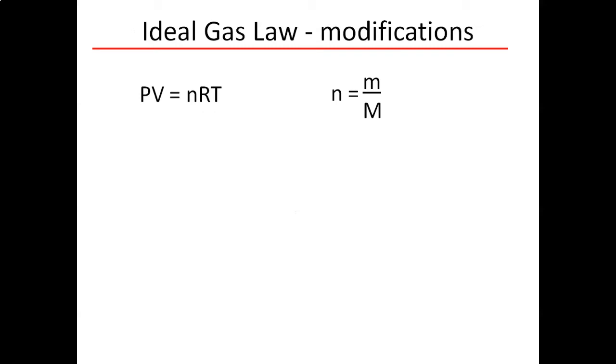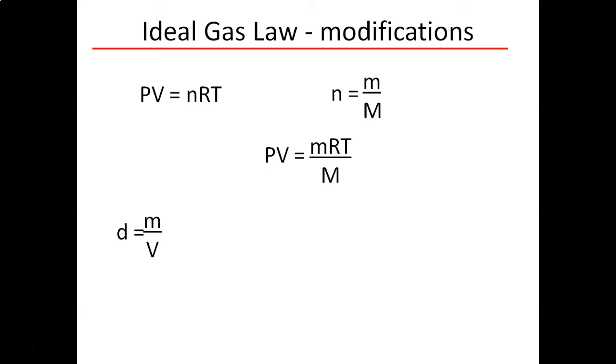Now, I can manipulate my ideal gas law in a couple of different ways. Rather than use moles, I can use the relationship that moles is my mass divided by my molar mass. And so I could get an ideal gas law where PV equals mass times RT over my molar mass.